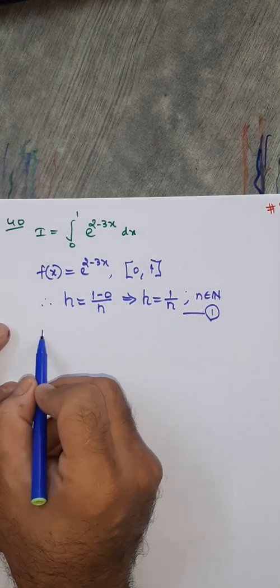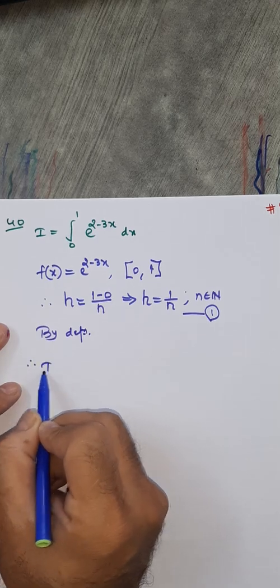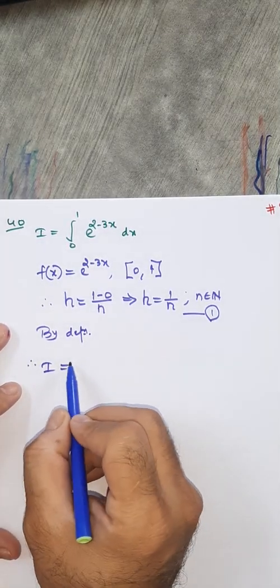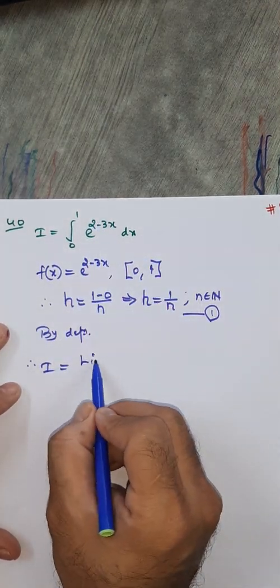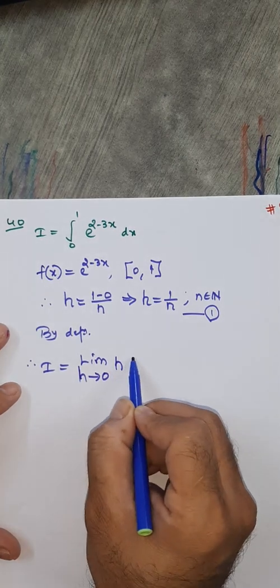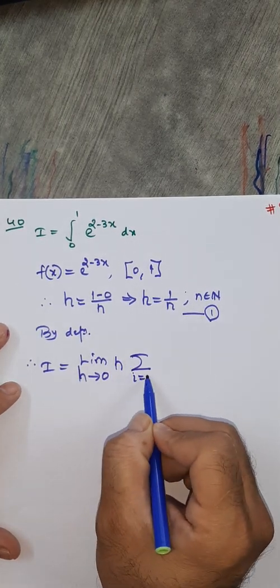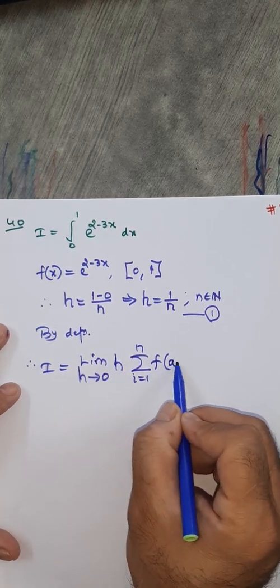Okay, now by definition here, I equals, I means the given integral. Here you have an exponential function. So I'll write limit h tends to 0, h into sigma, i runs from 1 to n, f of a plus ih.